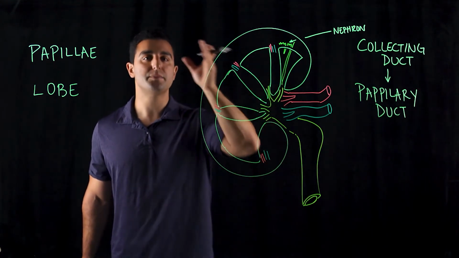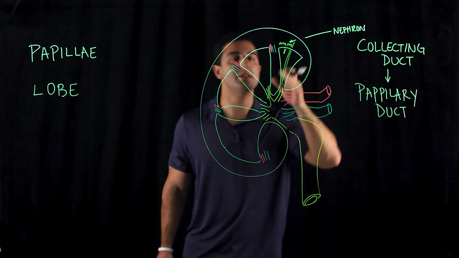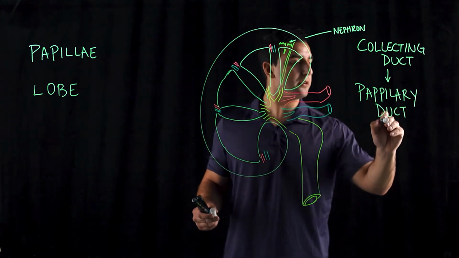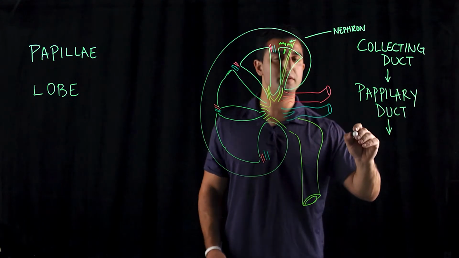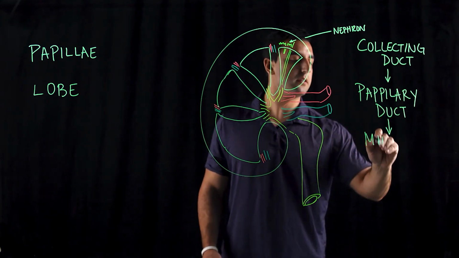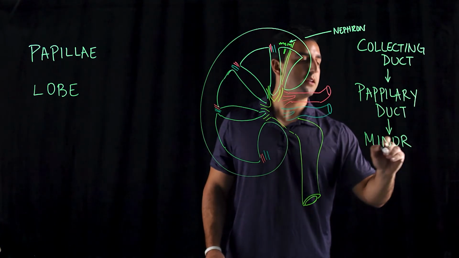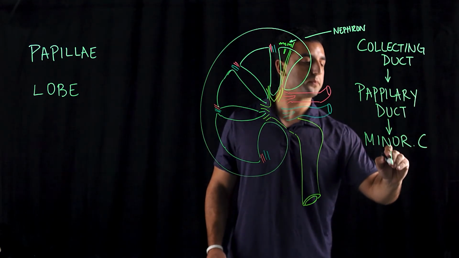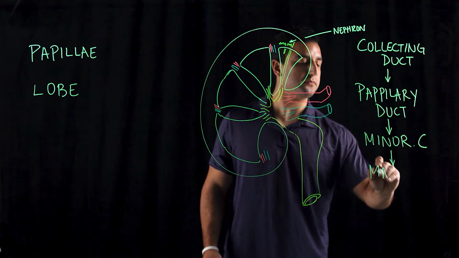For the calyces, you have the minor, which is the smaller one, and the major. It first goes through the minor because it's smaller, if you look at it from the picture, the minor calyx, and then finally the major calyx.